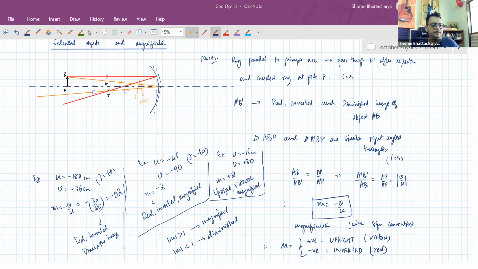Now, the formula for magnification is minus v by u. So if u and v are of the same sign, then it comes with a minus sign, not with a plus sign. Yes, so the formula with sign convention is minus v by u. Here it's not mod of v and u, it's minus v by u where we substitute with sign.